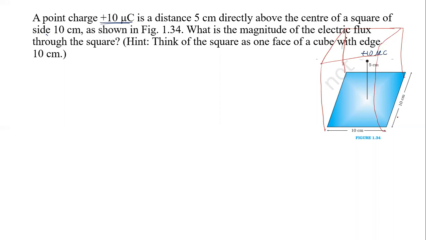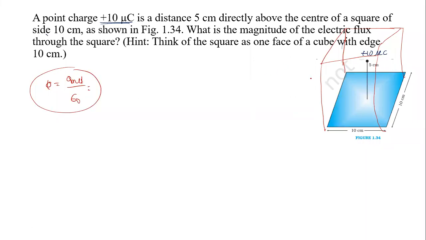Now we need to find how much flux there is through the entire cube. As per Gauss's law, it is Q net divided by epsilon naught, through the entire cube. Now we need to find it for one surface.